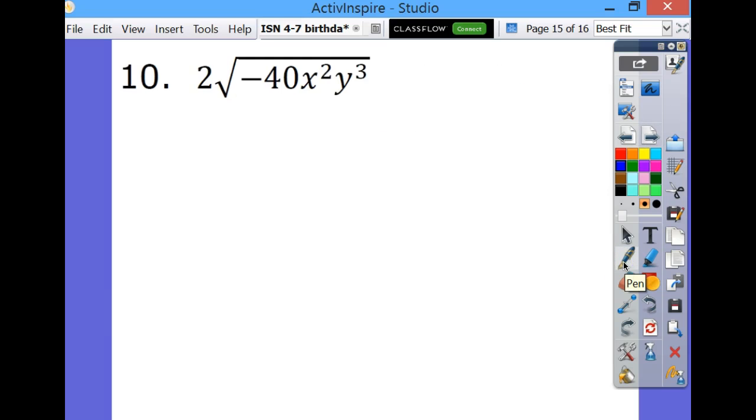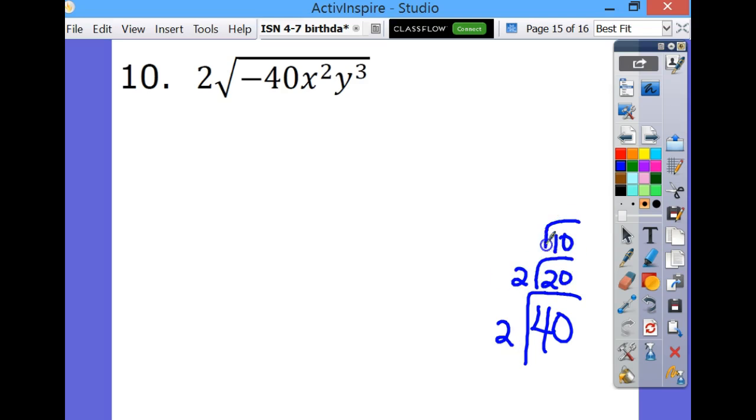Okay, let's tackle this ugly one. The first thing we're going to look at is the 40. 2 will go into 40. 2 will go into 20. 2 will go into 10. 2 will not go into 5.